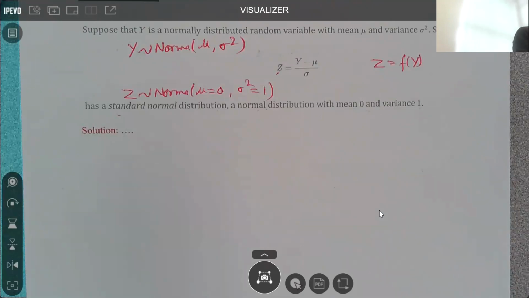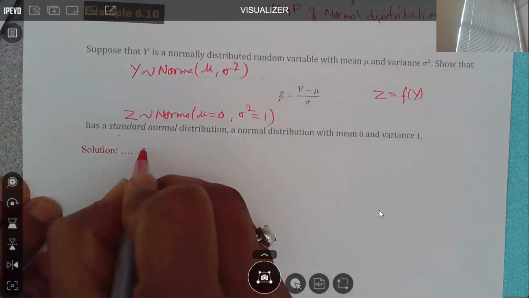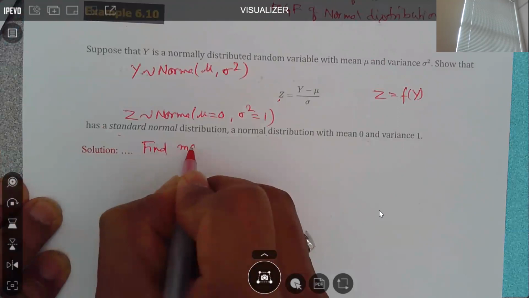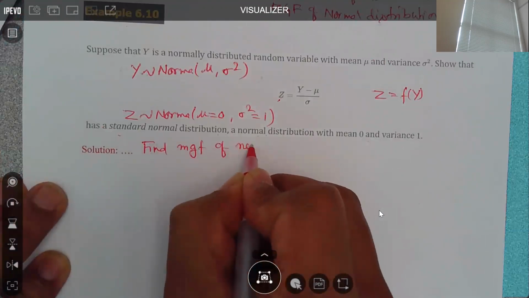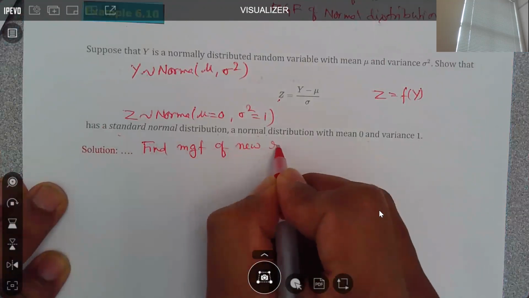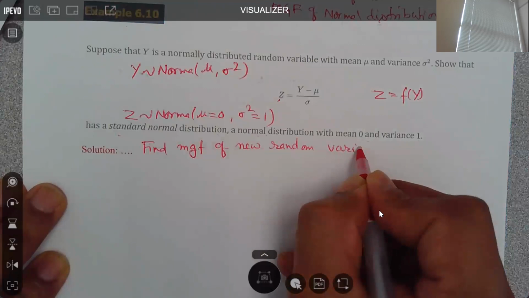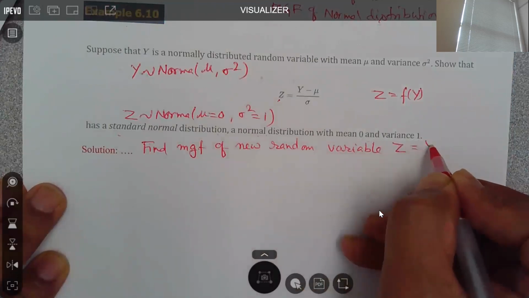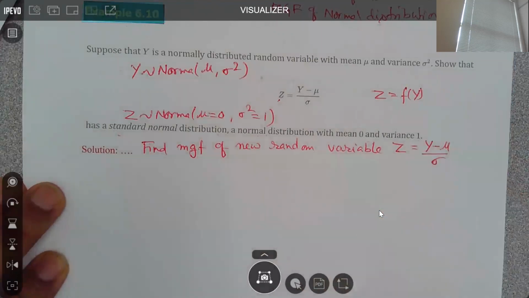Okay. Now let's find the moment generating function of the new random variable G. G equals Y minus mu over sigma.